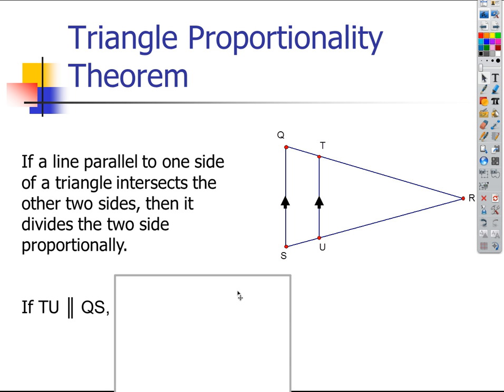I mean, we could always break this down into a small triangle and a big triangle that are nested, and we could come up with these proportionalities. But there is a proportionality that comes up here.